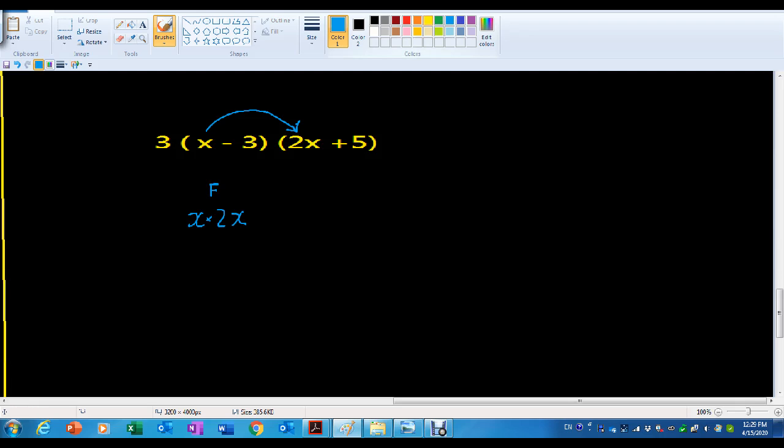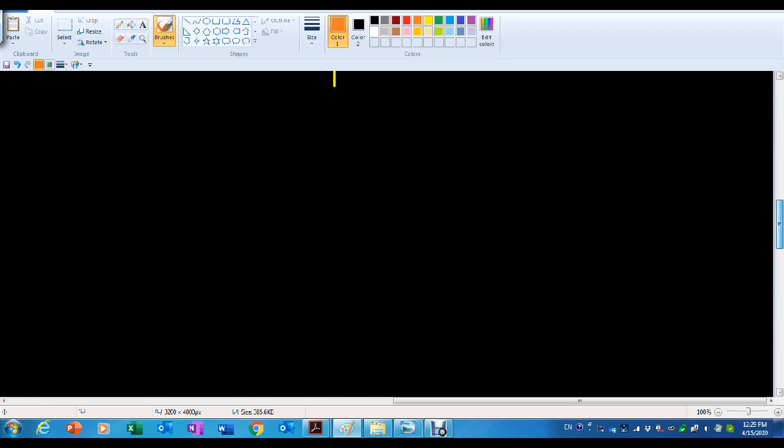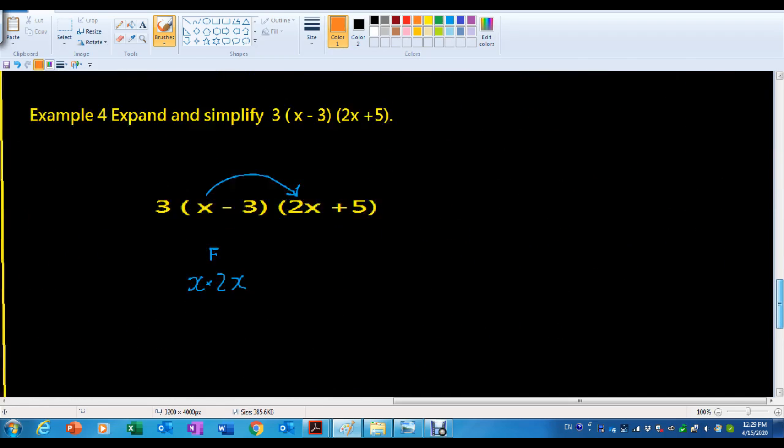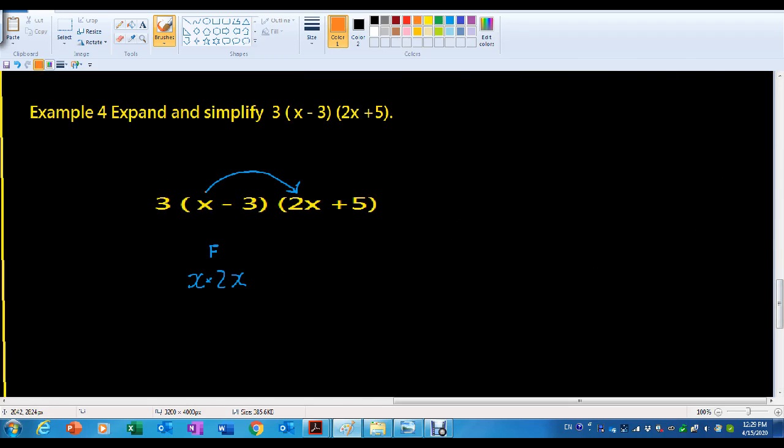And O, the outer term. Make sure I get the color code right this time. That's O, that means outer, right? Outer. That's x times positive 5, so both are positive. So we are quite happy with x times 5.